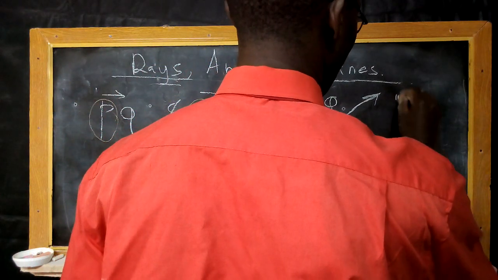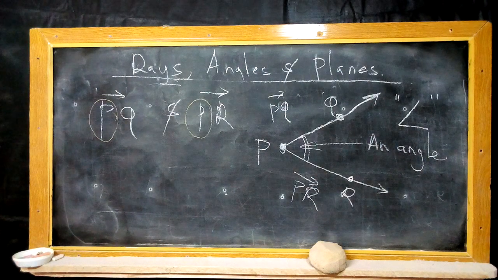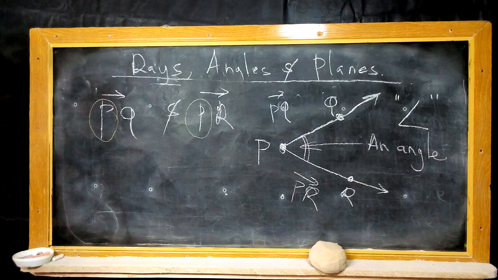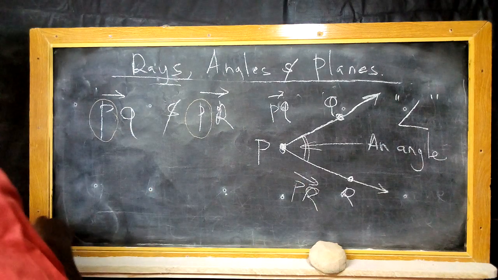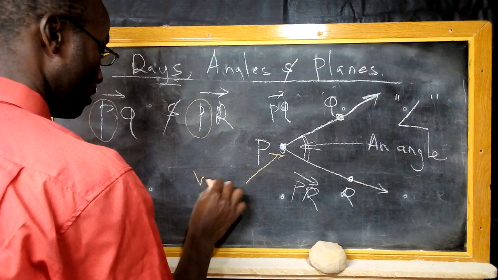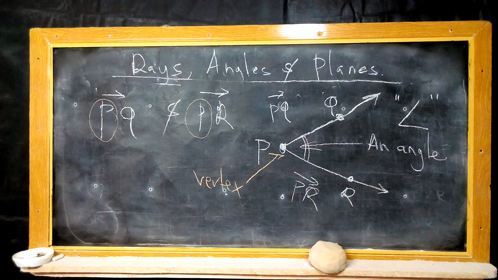I'm just putting it like this to show that this is the sign that gives the notation of an angle. So in that case, this point of the angle is going to be called a vertex. That is the common point we have talked about, where the two rays originate from, and it is called a vertex.